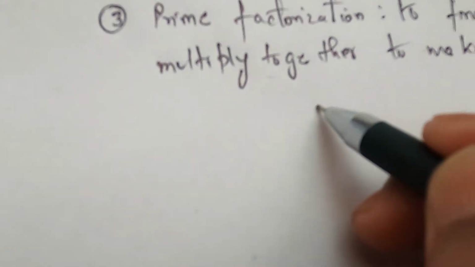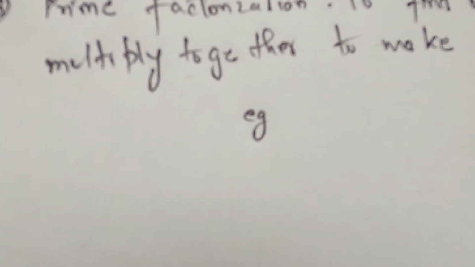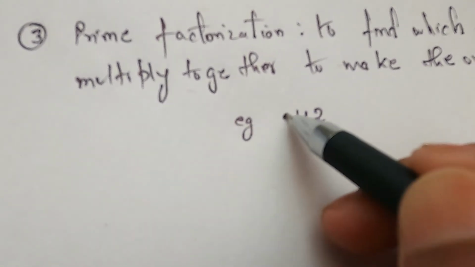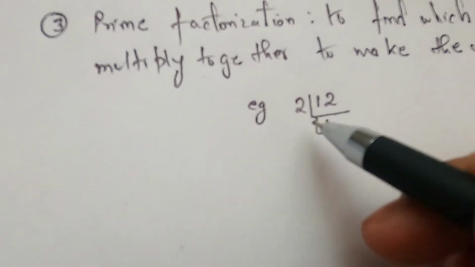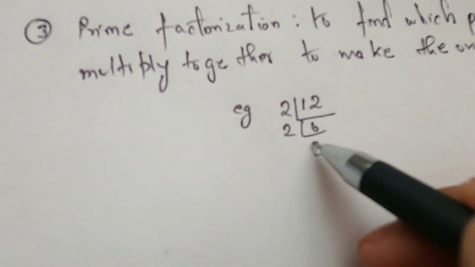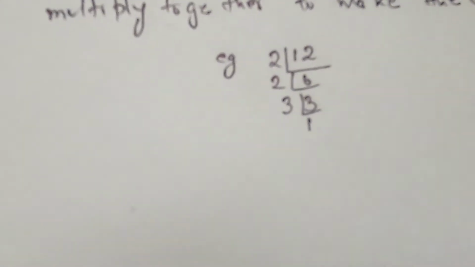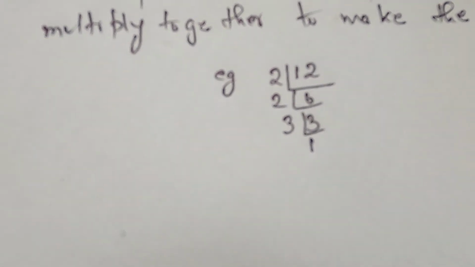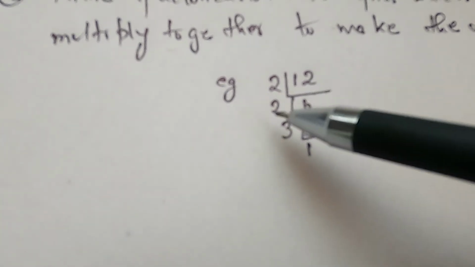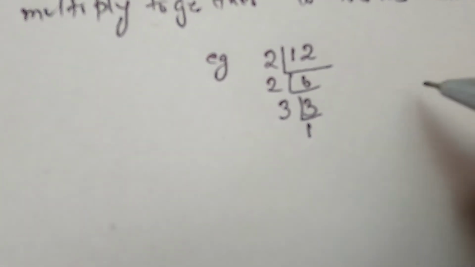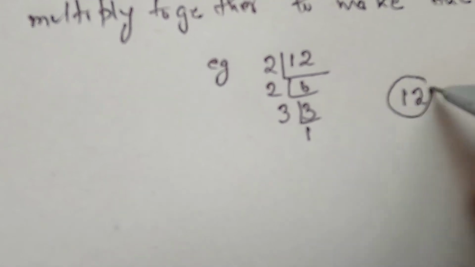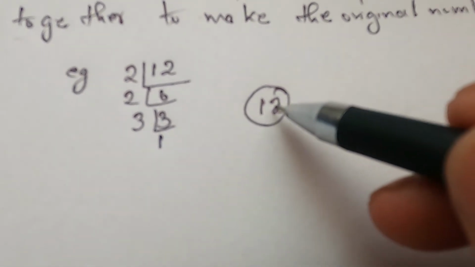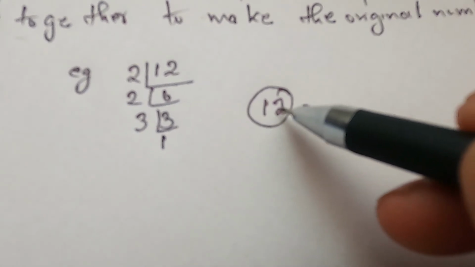For example, let us take 12. 2 into 6, then 2 into 3, then 3 into 1. Which prime numbers multiply together to make the original number 12?